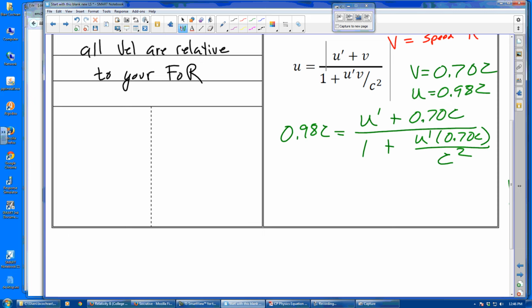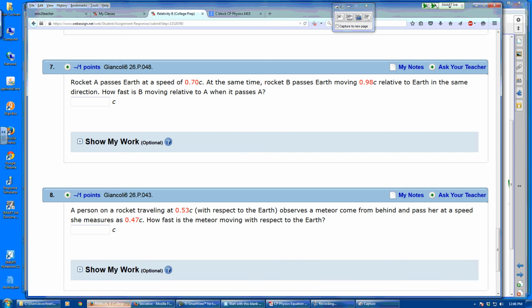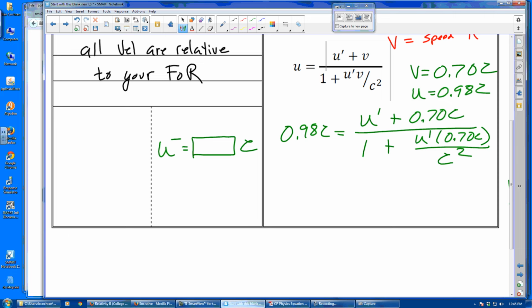In fact, I don't want to get rid of the C's, because they ask me to find U prime as some number times C. They want that box filled in. In other words, they want U prime in terms of the speed of light. They don't want something like 2.58 times 10 to the 8th meters per second. They want 0.8 C, 0.9 C, something like that.